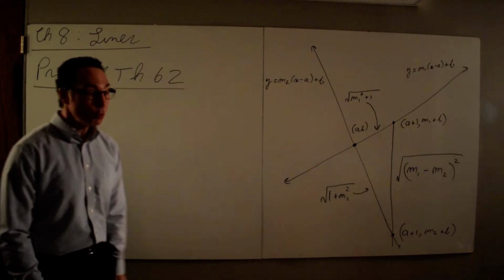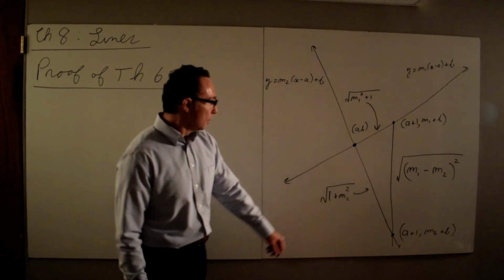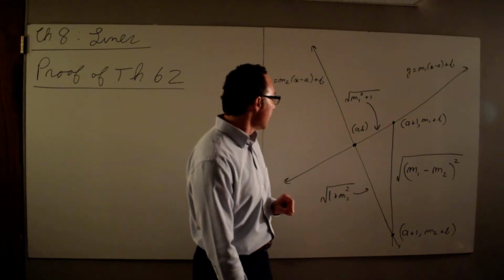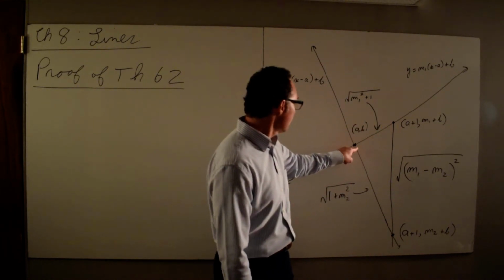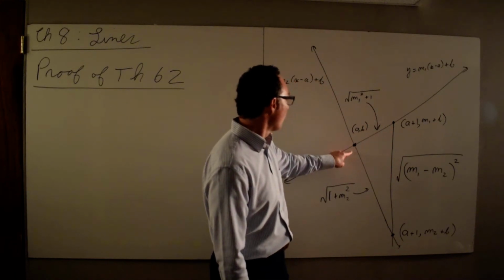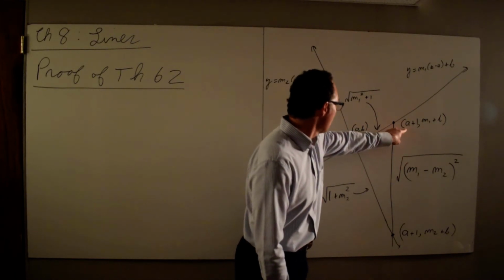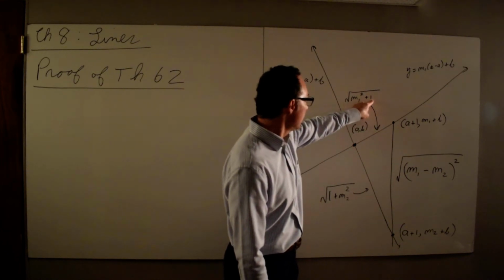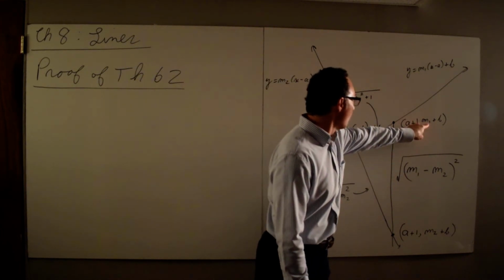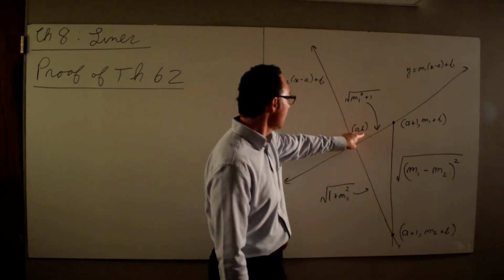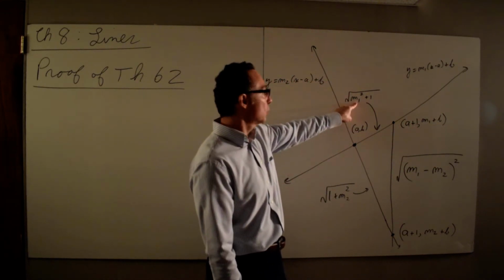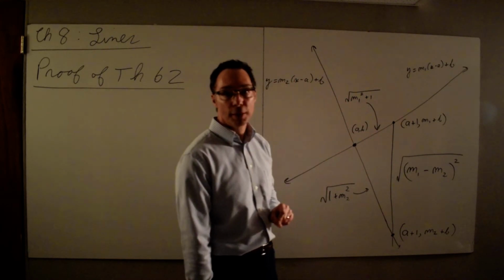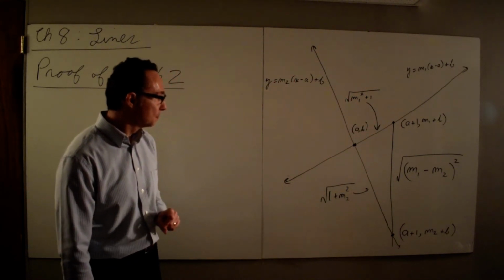So now we look at the triangle whose vertices were these three points right here. And we calculated this distance using the distance formula. So we have a plus 1 minus a squared, which is 1. Then we have m1 plus b minus b squared, which is m1 squared. So we have the square root of m1 squared plus 1 as the length of this side.